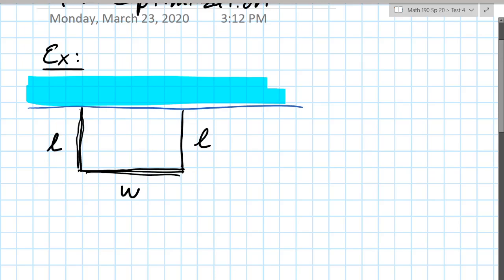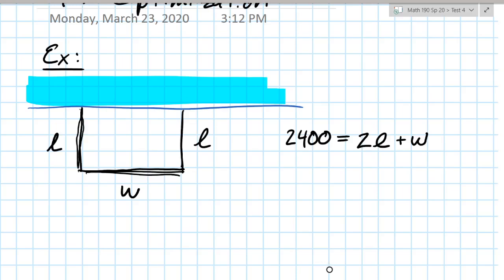Let's read the question again. A farmer has 2,400 feet of fencing. Okay, so the 2,400 feet of fencing is a constraint, and that constraint is that 2L plus W adds up to 2,400.